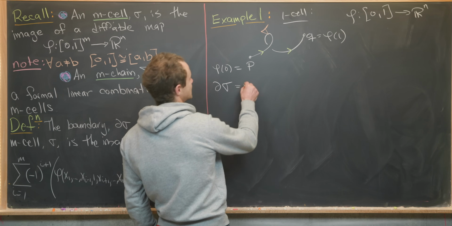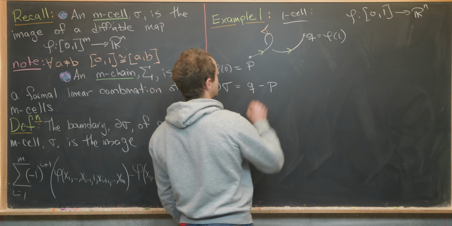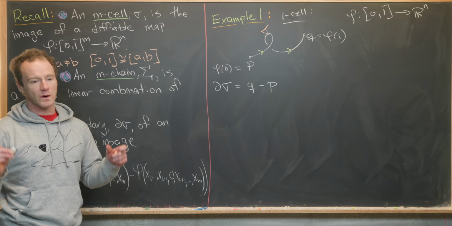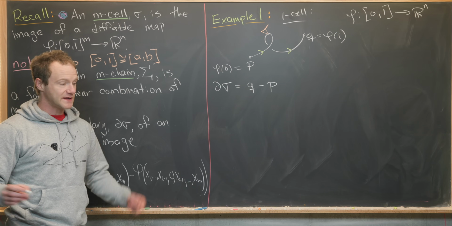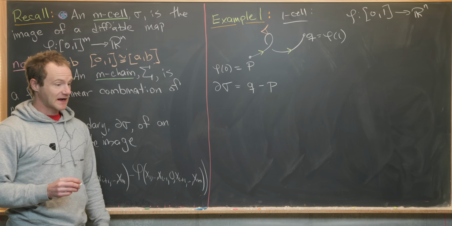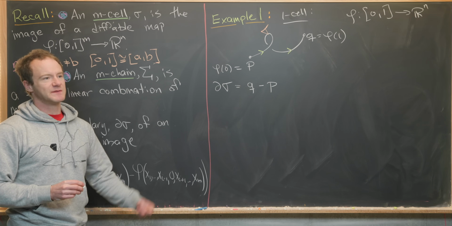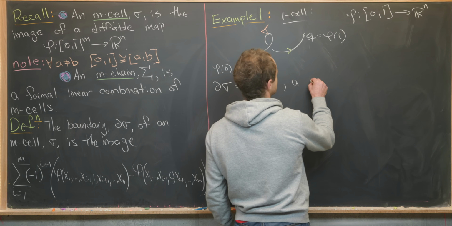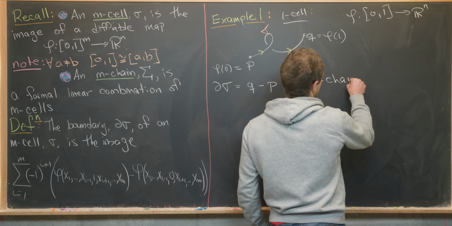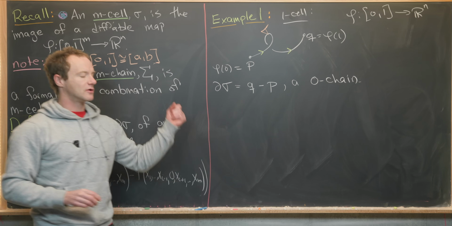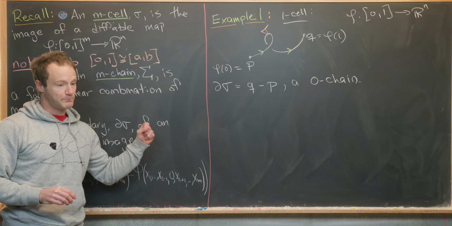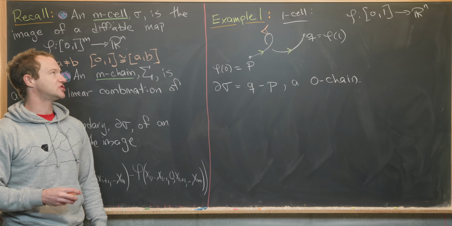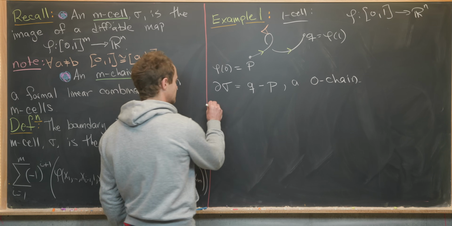That's going to give us Q minus P. Notice that's the difference of two points, but points are in fact 0-cells, and so this makes this a 0-chain. So in general, you can think that the boundary of an m-cell will be an m minus 1 chain.